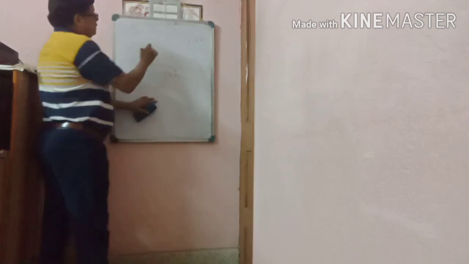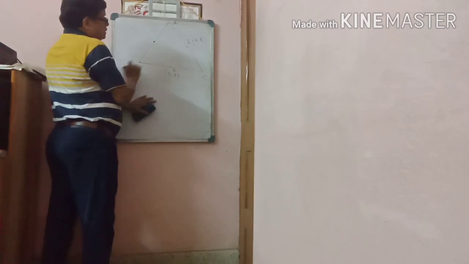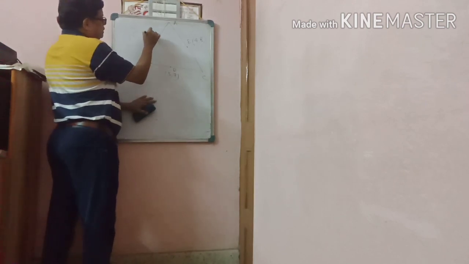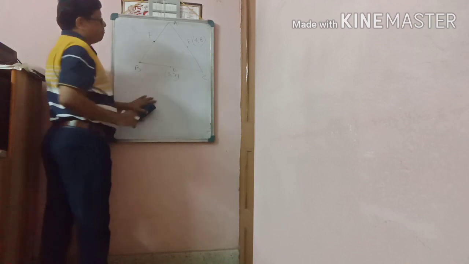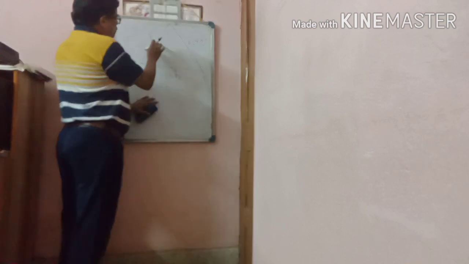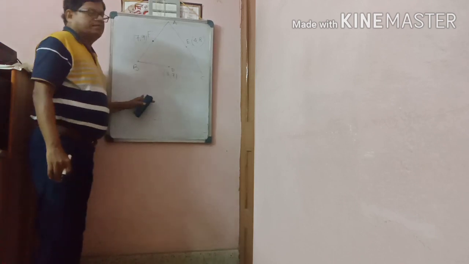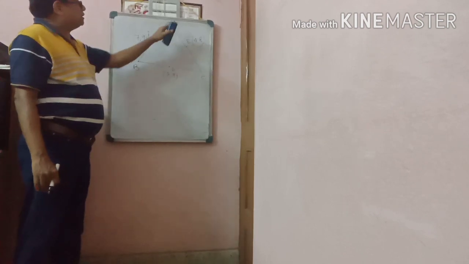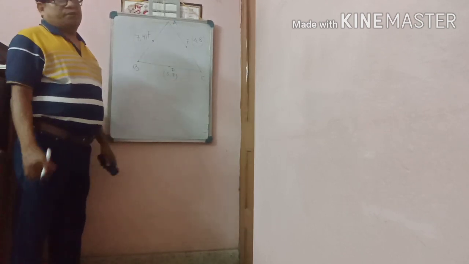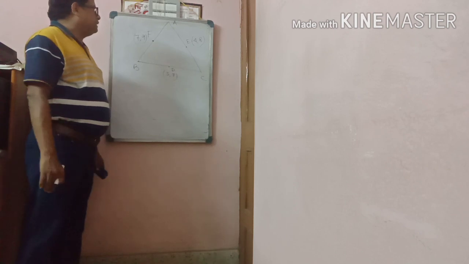And suppose this is A, given as (7, 9). Find the coordinates of A, B and C.